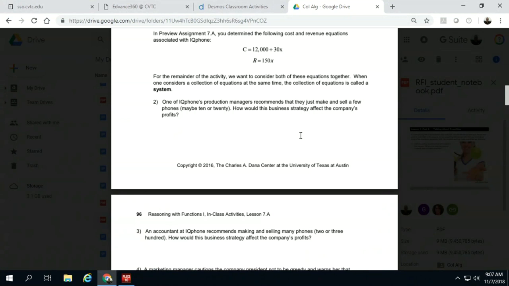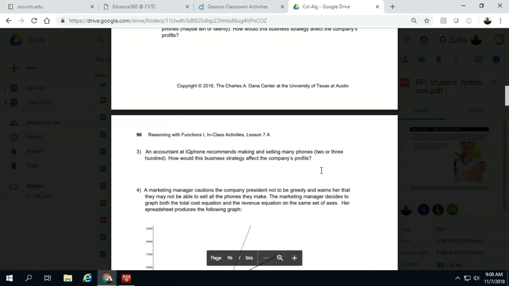Number 3 says an accountant recommends making and selling many phones, 200 or 300. If we sell 200 or 300 phones, we will get lots of profit. How does that affect the company's profits? The more you make, at some point, the more you're going to start making profit, right?